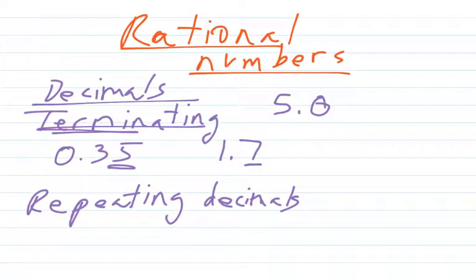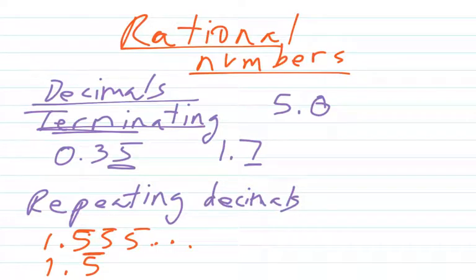We also have what's called repeating decimals. And repeating decimals have a place value or multiple place values that repeat. So for example, I might have 1.555 repeating. Or you might see that same decimal written with a bar over top. Okay, that means the 5 keeps repeating. That's a repeating decimal. Or you could have 3 place values that repeat, or 2 place values, or many more.